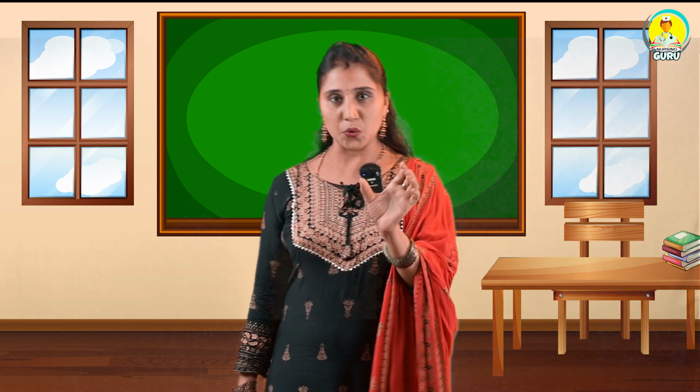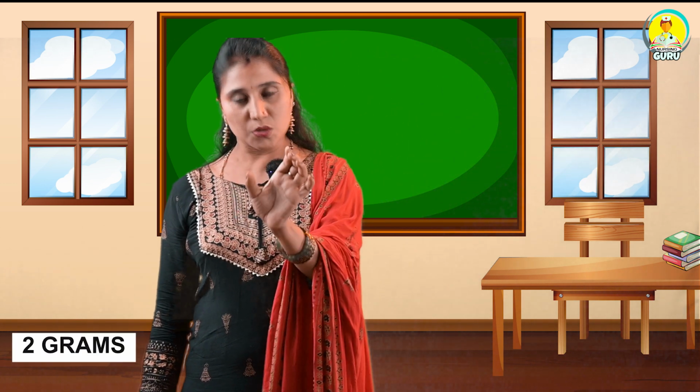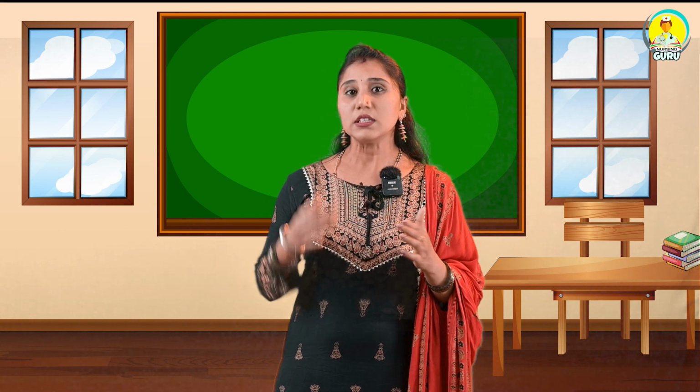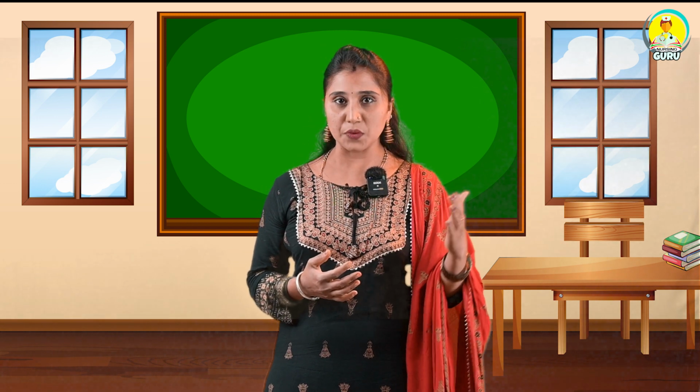Whereas when it comes to the 8th week, the embryo weighs about 2 grams, and we can see all the other organs are present and the circulation through the umbilical cord will be well established. These occur in the 8th week of fetal development.